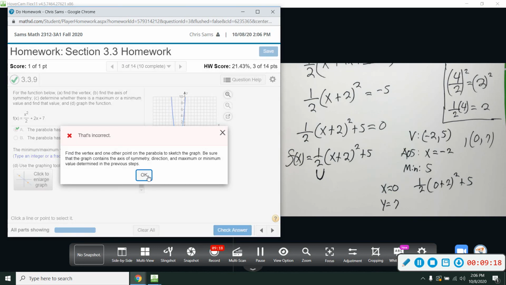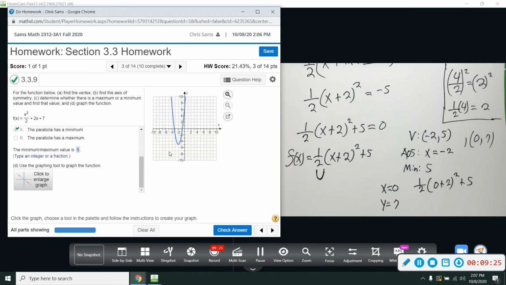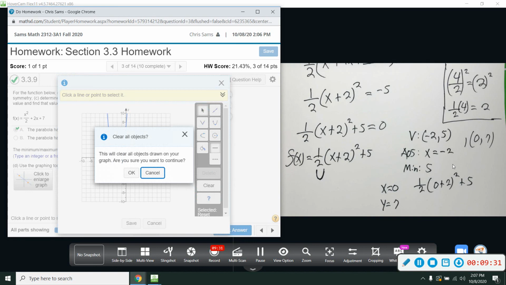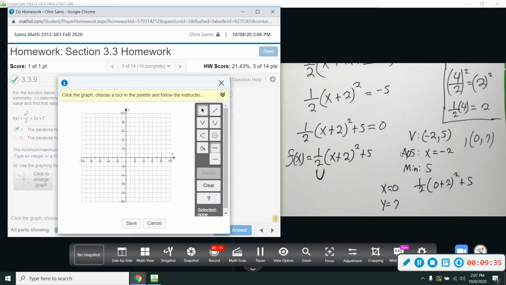Alright, so it's saying something. Find the vertex and one other point. Let me make sure I got everything plotted right. It's not liking it, so let me clear. So we definitely know the vertex is correct, -2, 5. Let me check the other point. I plug in the 0. 2 squared is 4.